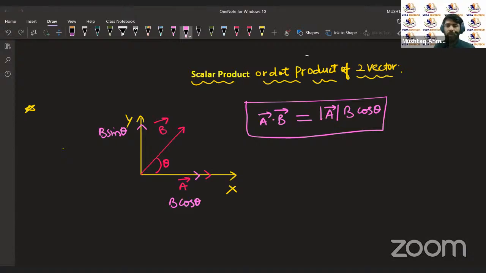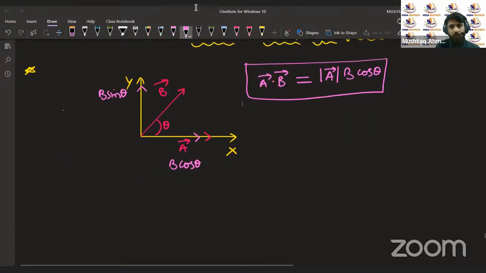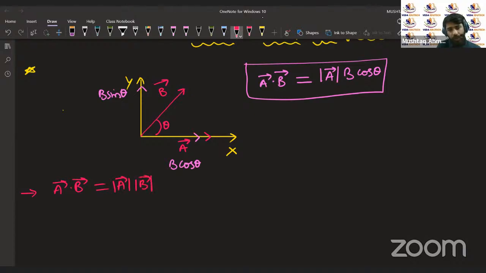So what we do in dot product is we take the component of B vector along the direction of A vector and multiply it by A. That's what we call A dot B. So A dot B can be defined as mod of A vector, mod of B vector, and the cosine of the angle between these two vectors, that's cos theta.